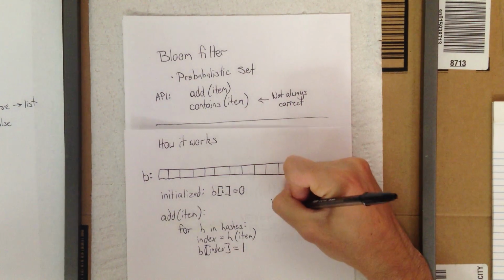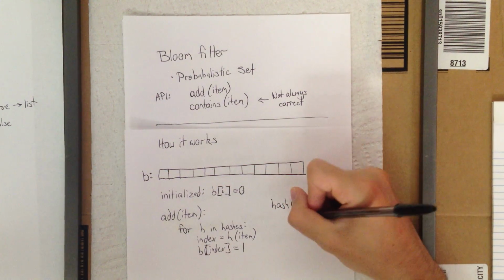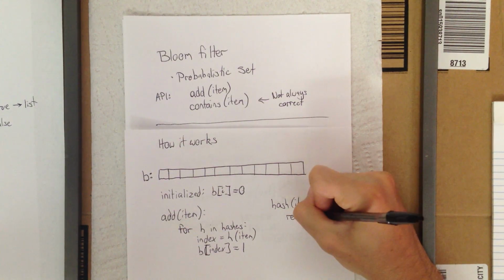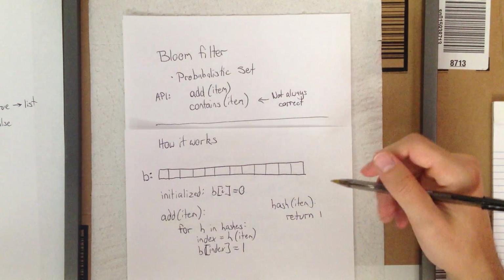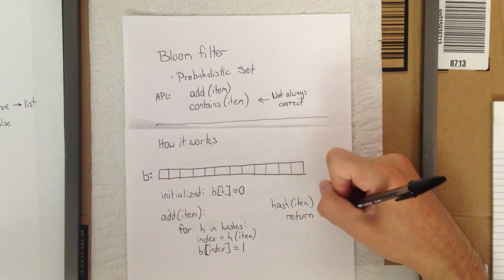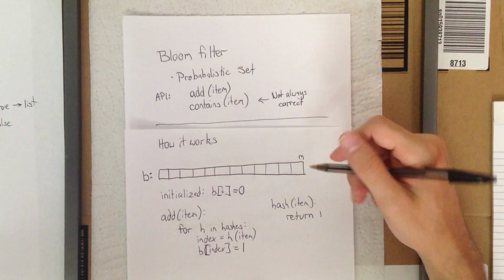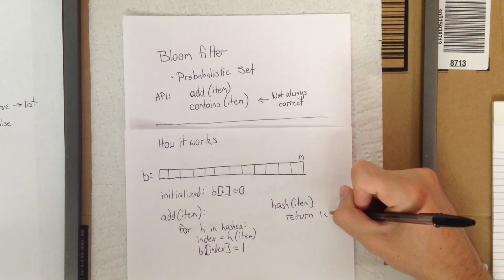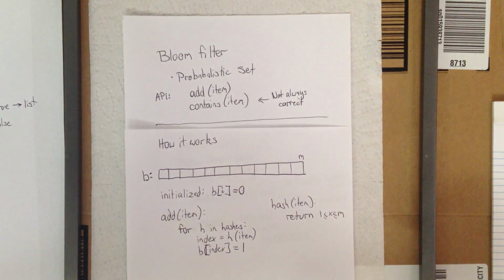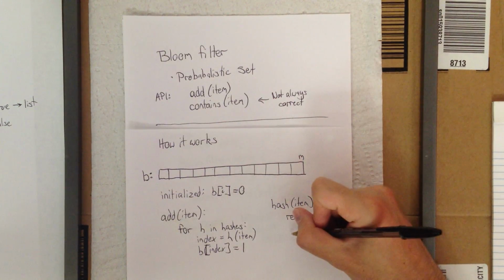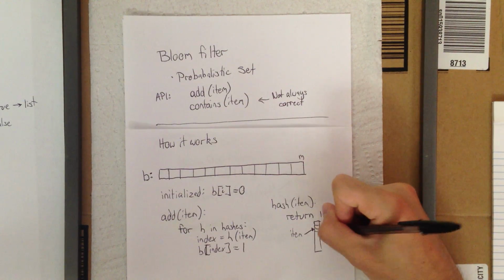A hash function takes an item as input, and it maps it to a number, it maps it to an index of this Bloom filter. So let's say that there are m slots in the bit array. It'll return a number between 1 and m. So a hash function takes an item and maps it to some spot in the bit array.